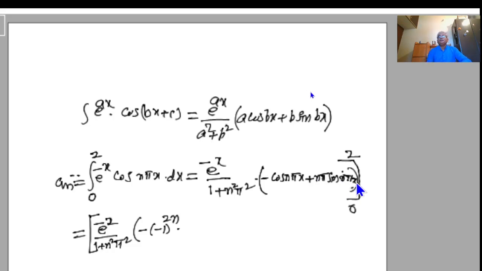If I put x equal to 2 here, then I am getting sine of 2nπ. Sine of 2nπ is equal to 0, so the second term is 0, minus.